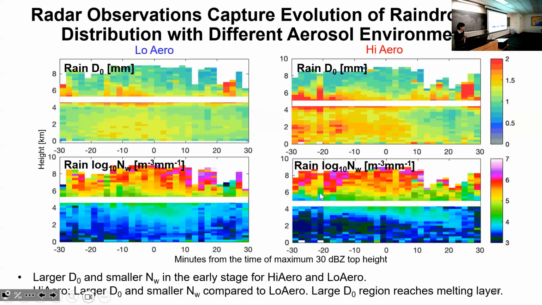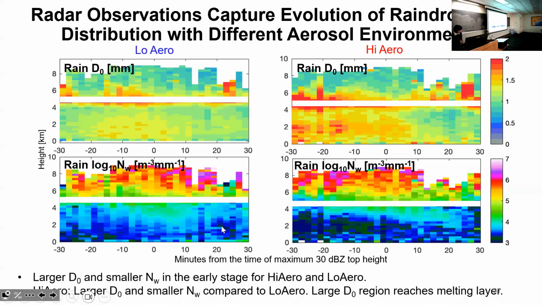So these are the same height versus time cross sections for rain D0 on the top and number concentration on the bottom. High ZDR sure corresponds to the large raindrops below the melting layer. And these correspond to the lower number concentration compared to the low aerosol environment.